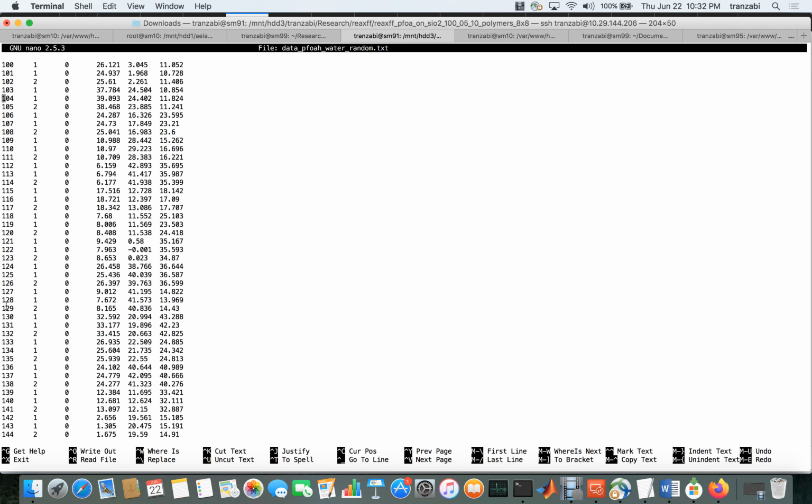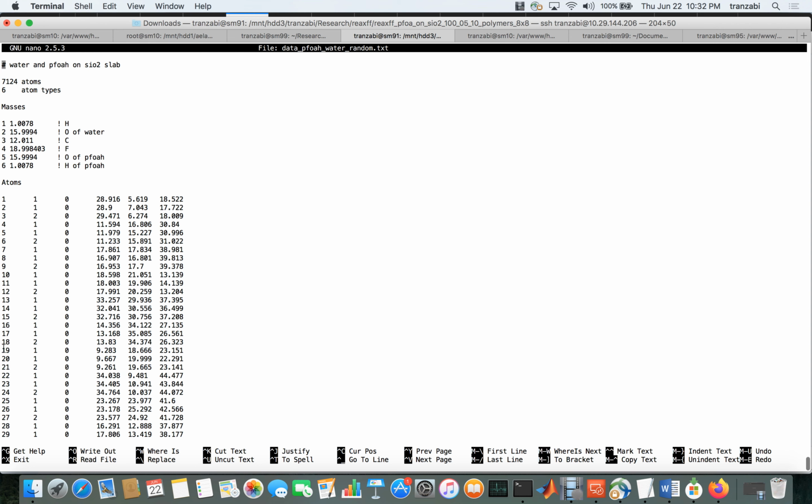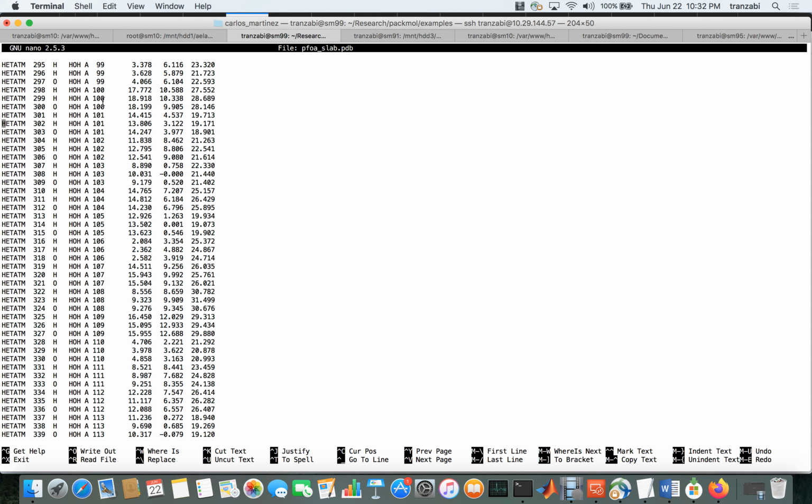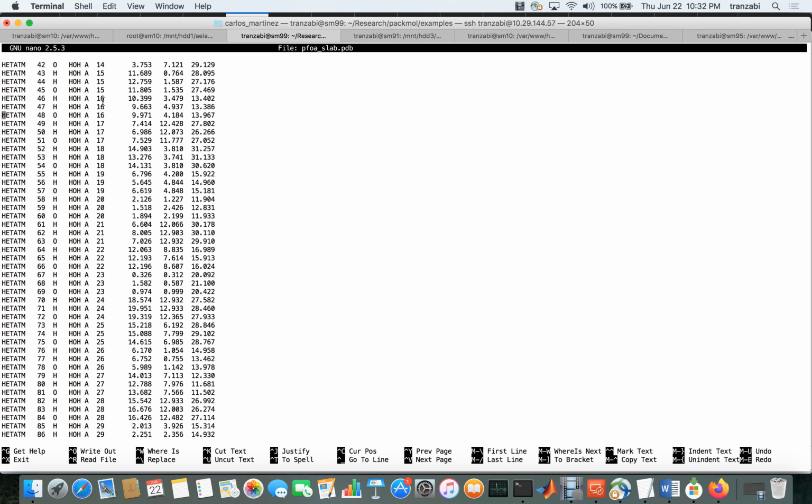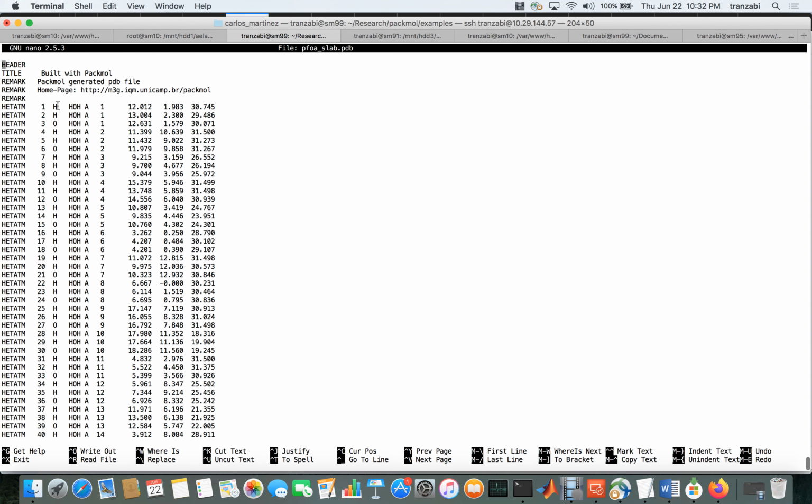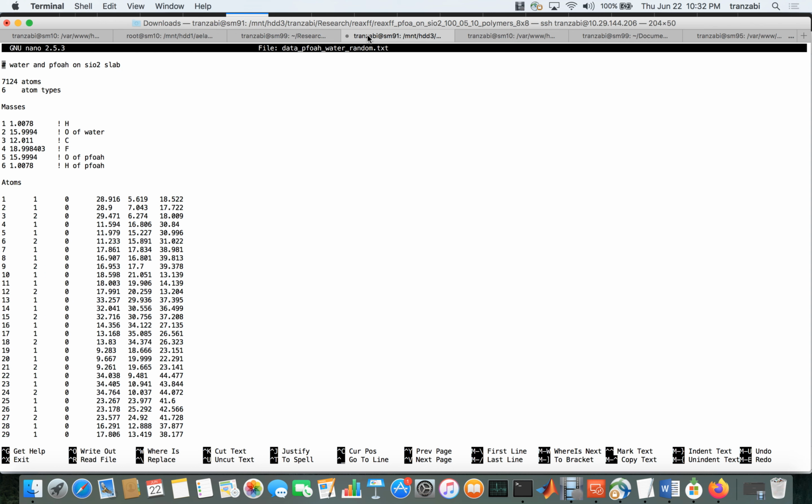Going back to the beginning, the first column is going to be the index, and the second column is going to be the atom type. Remember, the first line here, if it's hydrogen, gets atom type 1 in the second column.